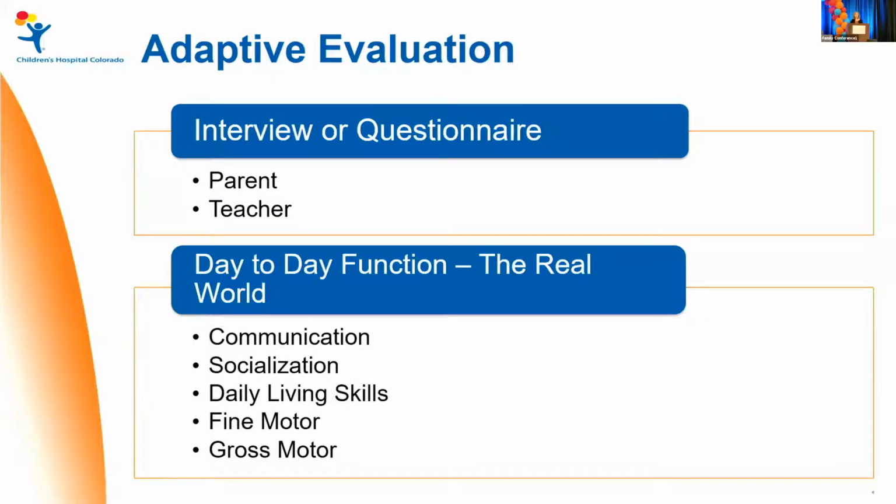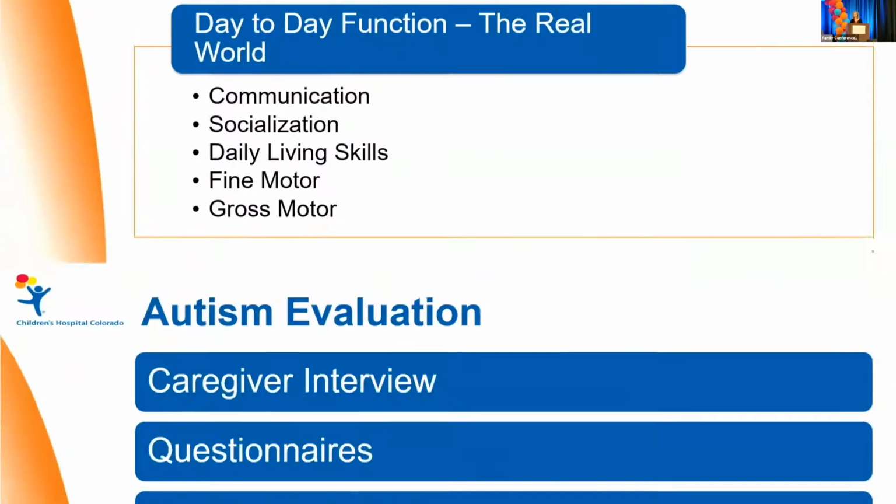And it's very important when you're either filling out this questionnaire or answering questions to think about, how does my child do typically, not what can they do in the most ideal setting. Because it's important to understand that to provide the appropriate resources and supports. But it's always important for us to get information about how your child does at home and at school.